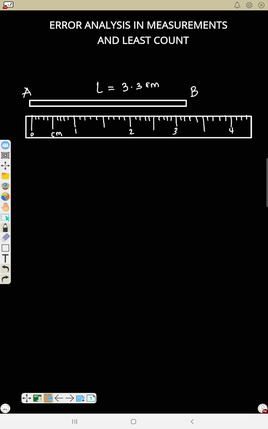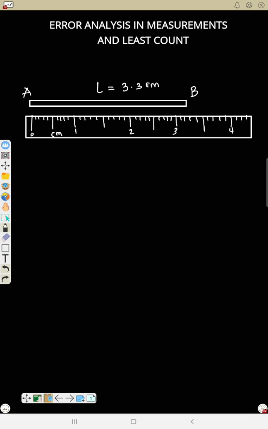The first 3 is absolutely correct, while the other 3 is doubtfully correct because it's a decimal. You can see that it's not up to 3.3, but we only take the measurement as 3.3. So only the 3 is correct in this case. The 0.3 is doubtfully correct.